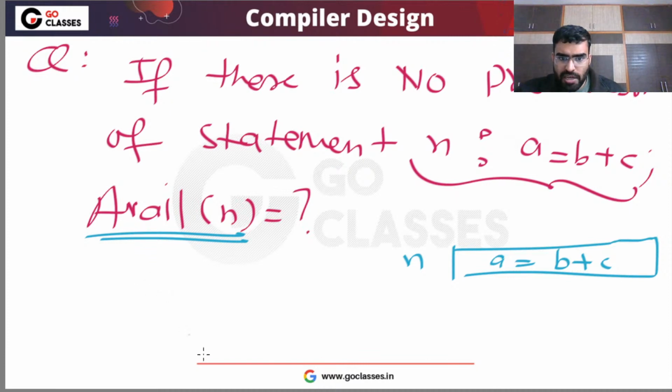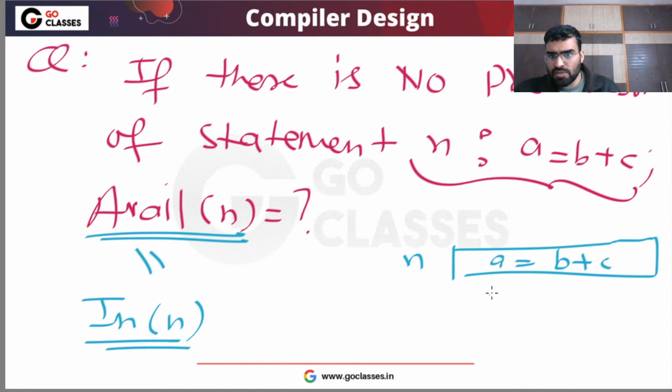I told you again and again, avail of n simply means before this, what is available. Because there is no predecessor, nothing is available. Yes or no? So if there is no predecessor, then there is no available expression.